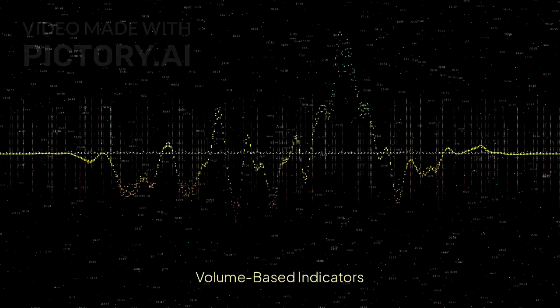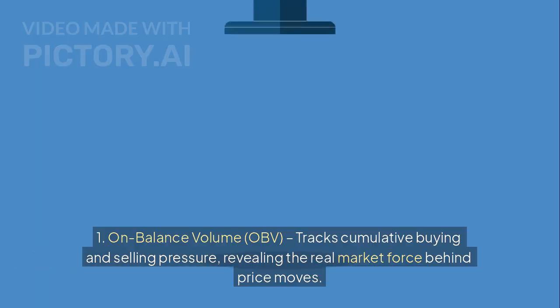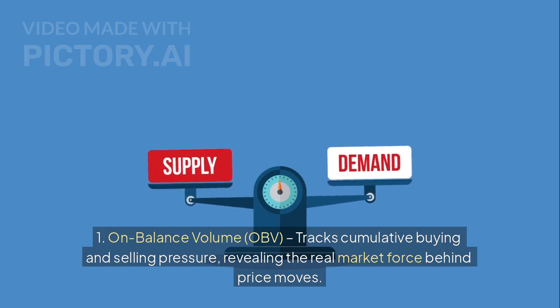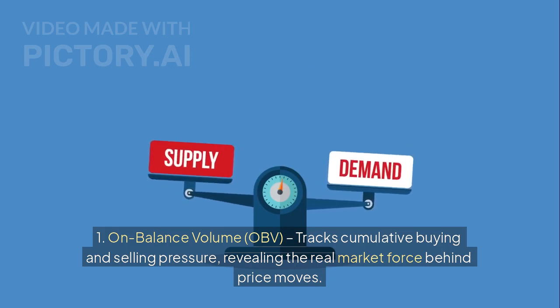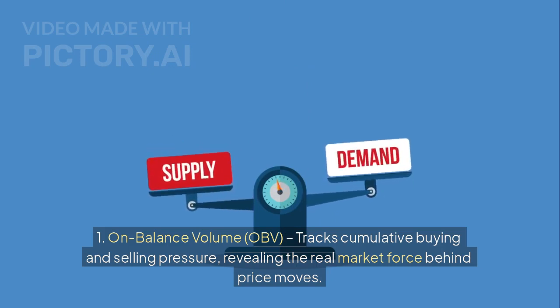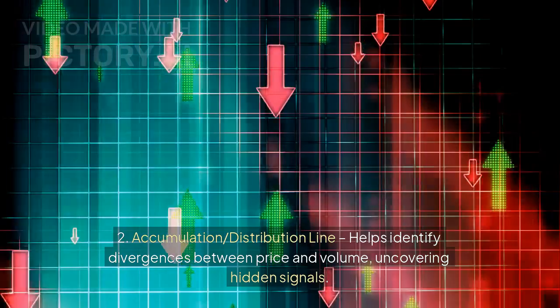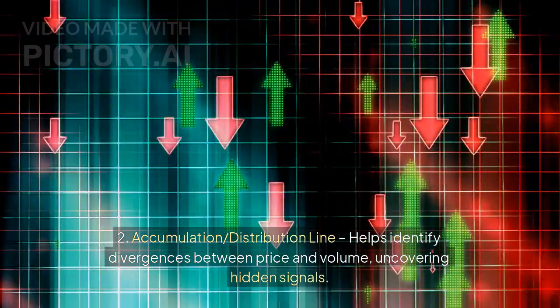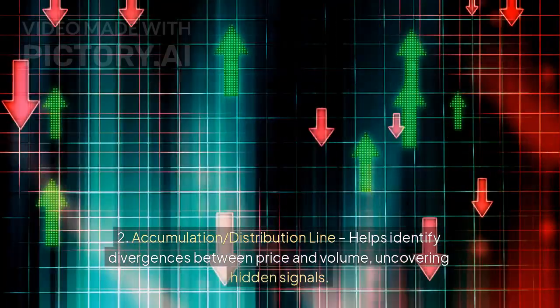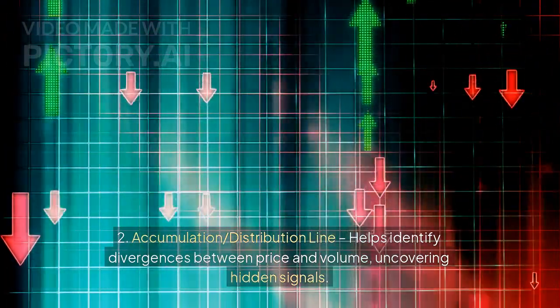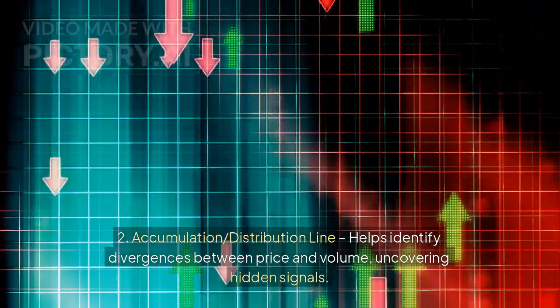Volume-based indicators. 1. On balance volume, OBV, tracks cumulative buying and selling pressure, revealing the real market force behind price moves. 2. Accumulation/distribution line, helps identify divergences between price and volume, uncovering hidden signals.